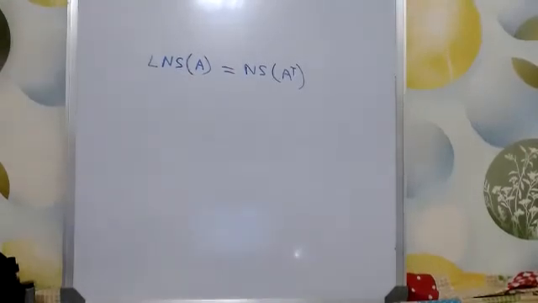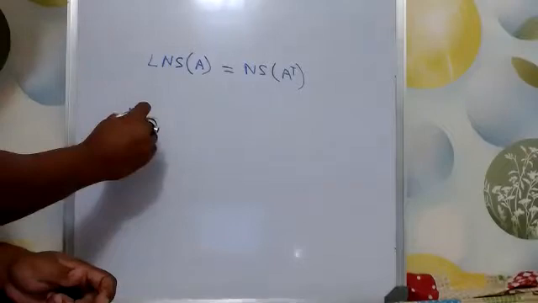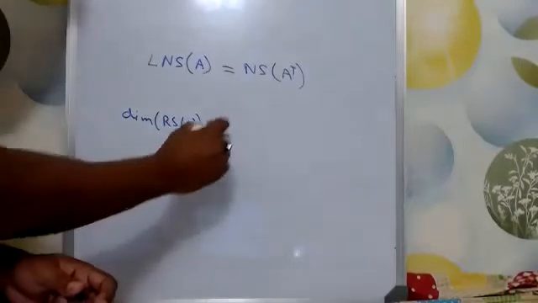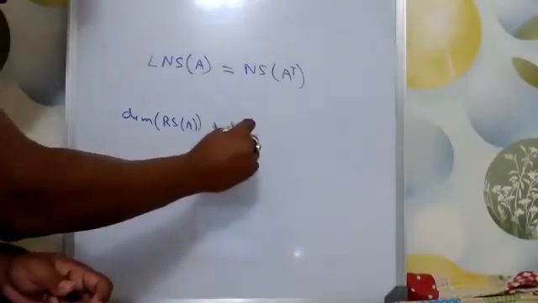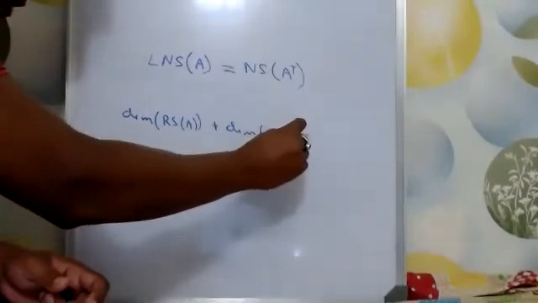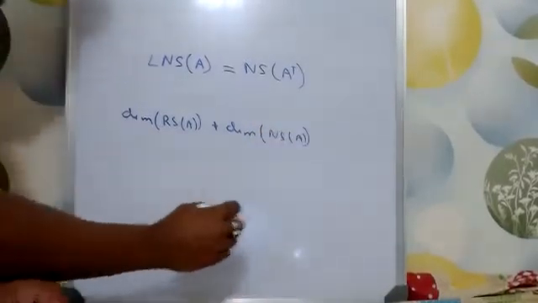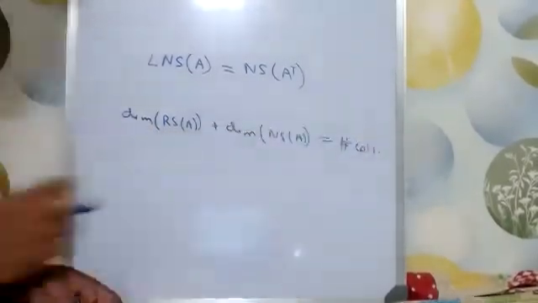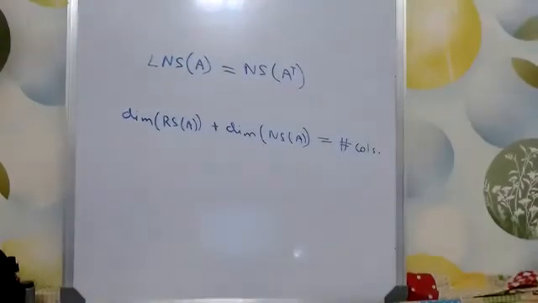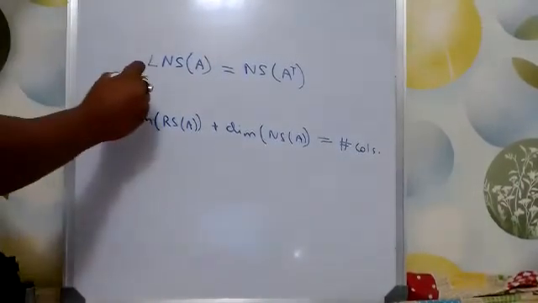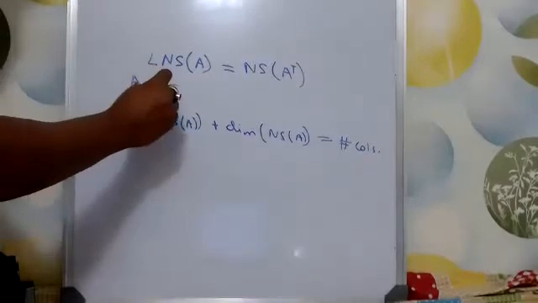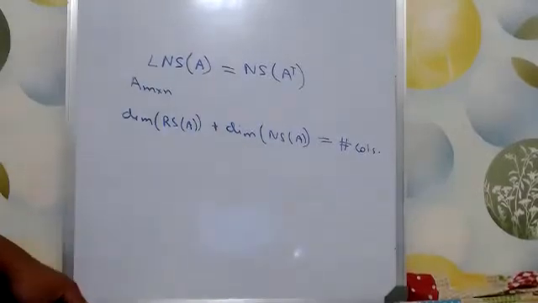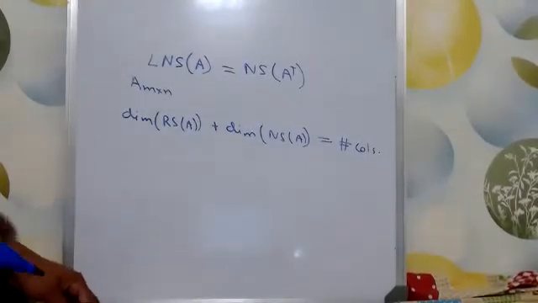So according to this, the dimension of row space of A plus the dimension of null space of A will be equal to the number of columns of the matrix A, right? So the matrix A is m cross n. The dimension of the row space of A plus the dimension of the null space of A will be equal to the number of columns.